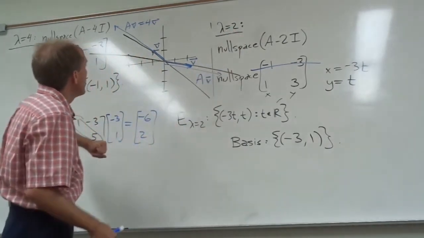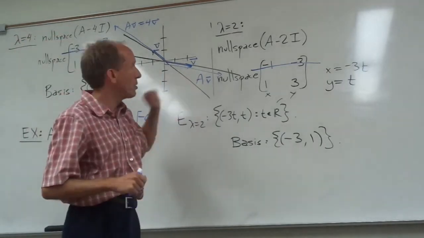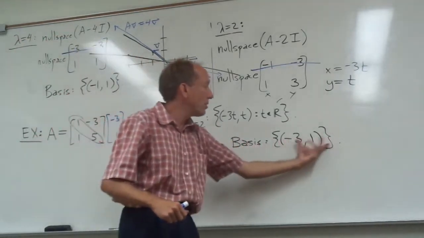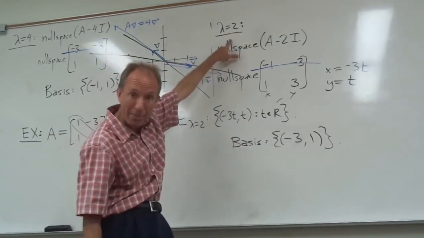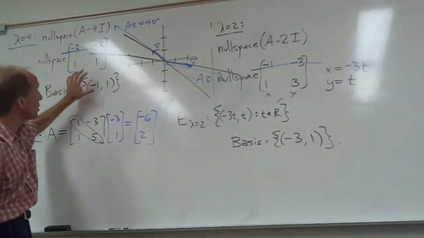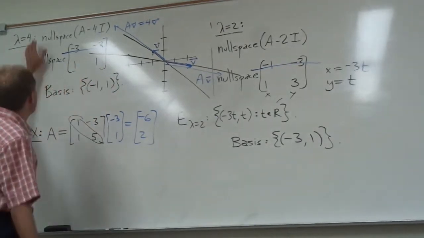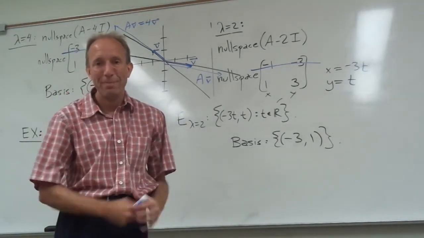Okay? So that's really the point of the geometry behind what's going on. Any vector that is in this eigenspace gets doubled by the matrix, and any eigenvector that is in this eigenspace gets multiplied by 4 when you multiply by the matrix.